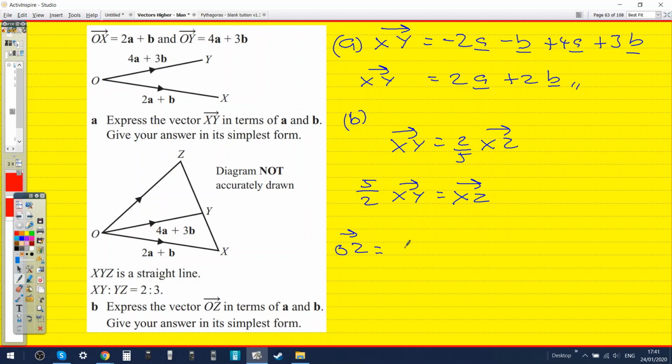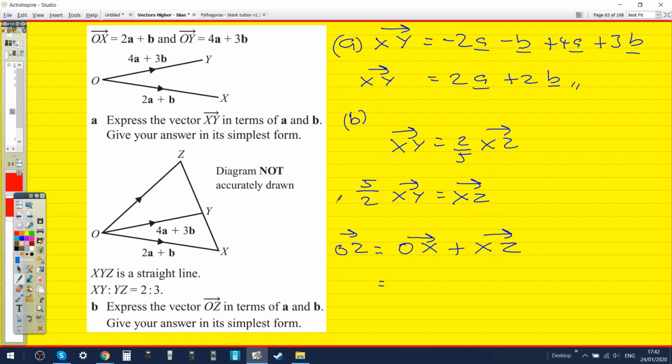No, just in terms of big letters. Okay. O to what? Get it by doing O to Y. If you do that, then you can't use what you just used. So I would do O to X, and then X to Z, because you just found X to Z.